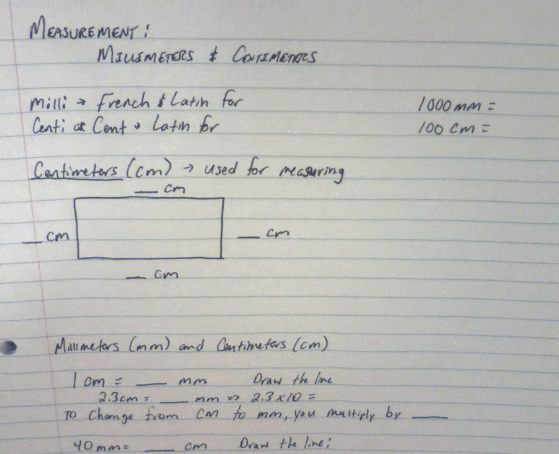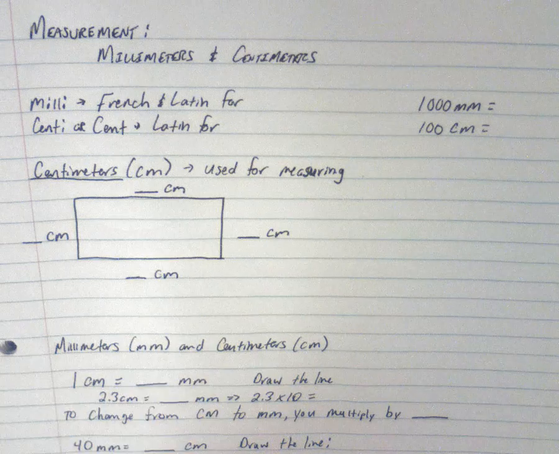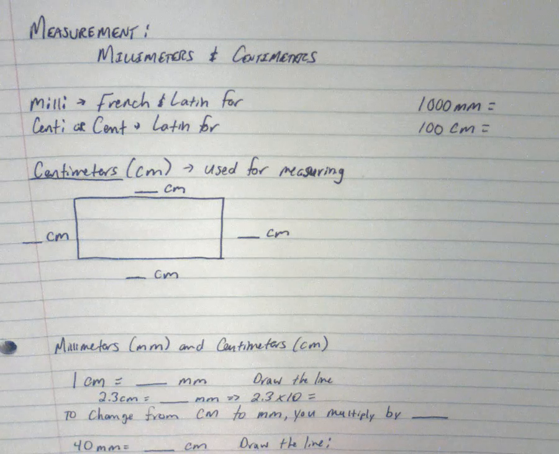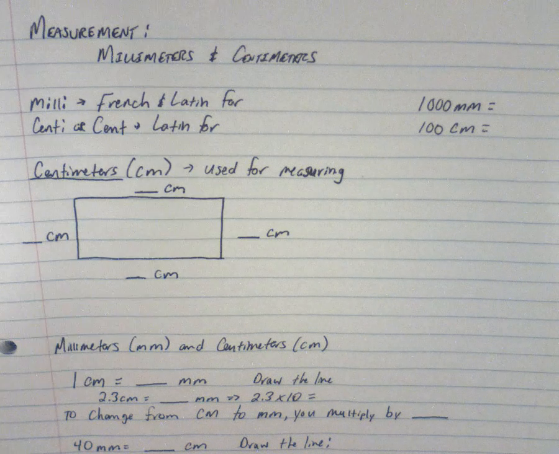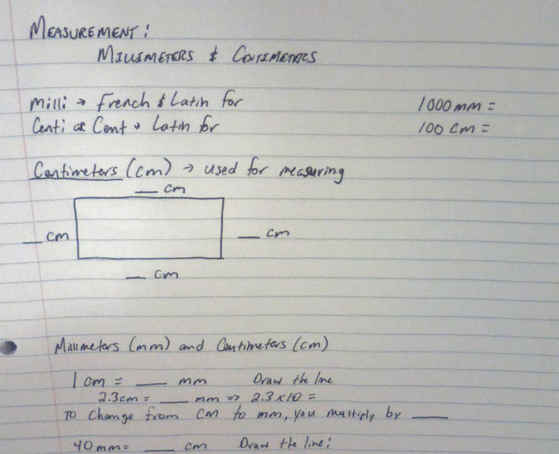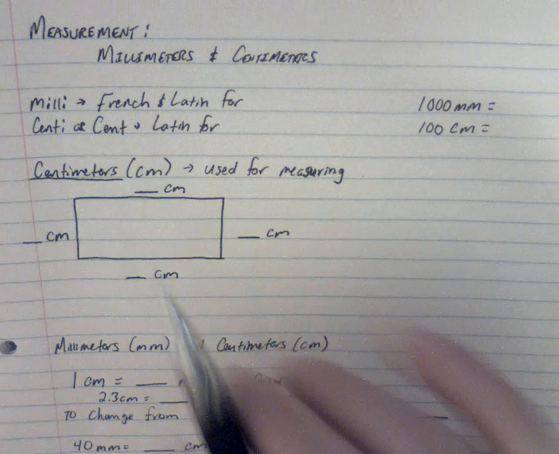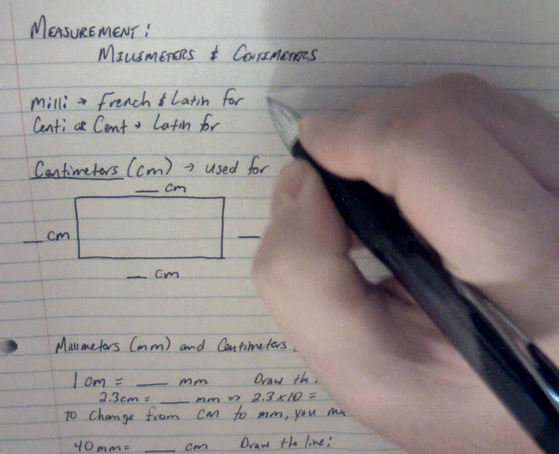When you look at that word milli, you guys are familiar with meters. You've seen the meter stick that we have up front by the chalkboard, by the whiteboards. When you break it down, you have milli. Milli is French and Latin for thousandth.